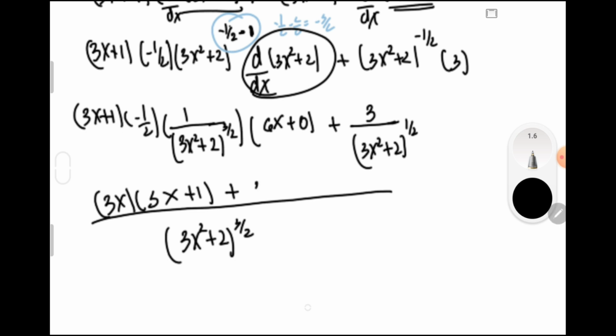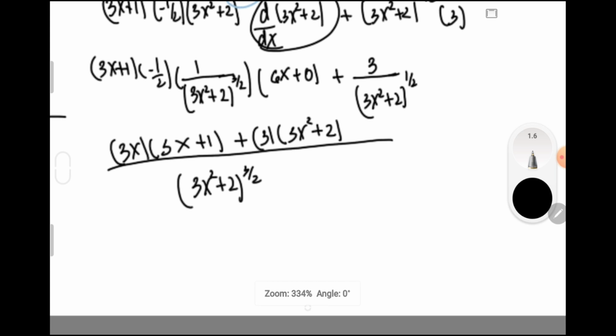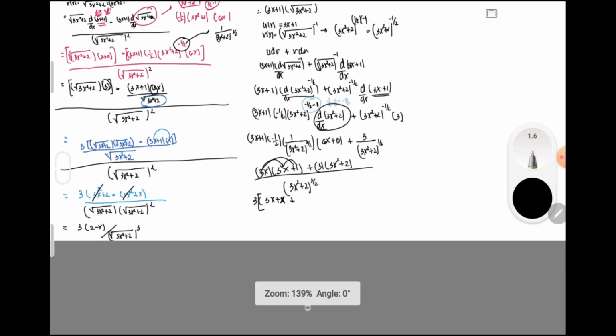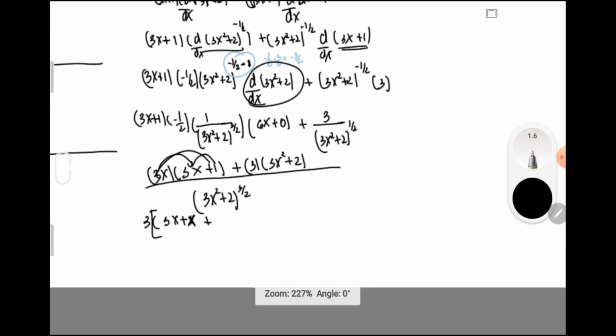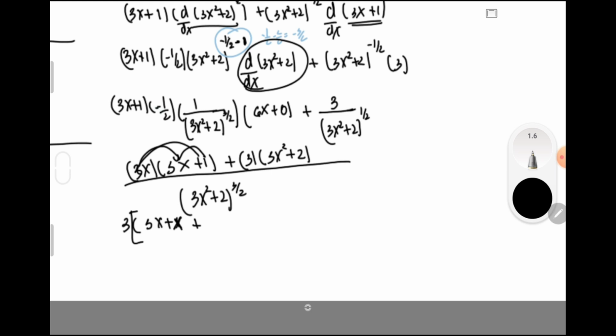So therefore, we'll have a value of 3 multiplied by 3x squared plus 2. So factoring out your 3, we'll have a value equal to 3, and then multiply our x here, so distribute our x. So we'll have a value of 3x plus 1, plus x I should say, plus our, take note, the negative of our negative 1 half.